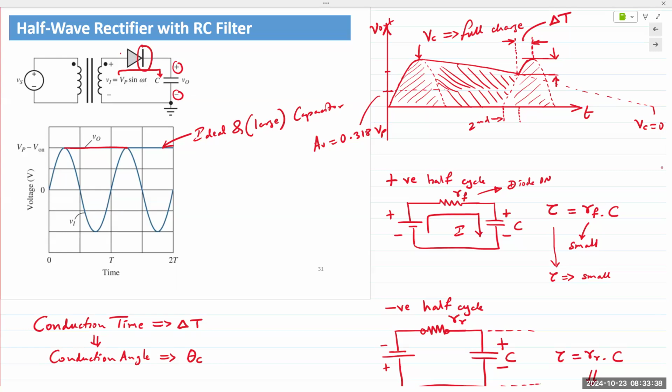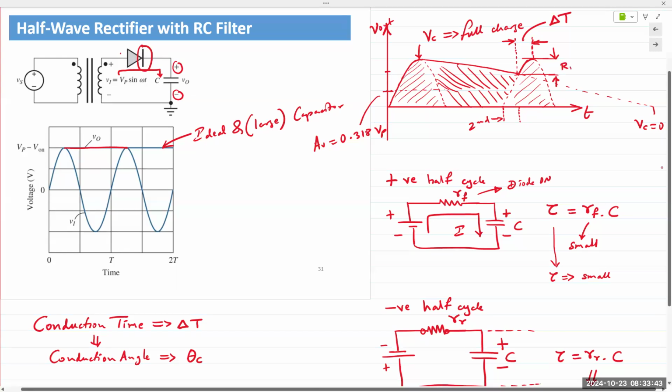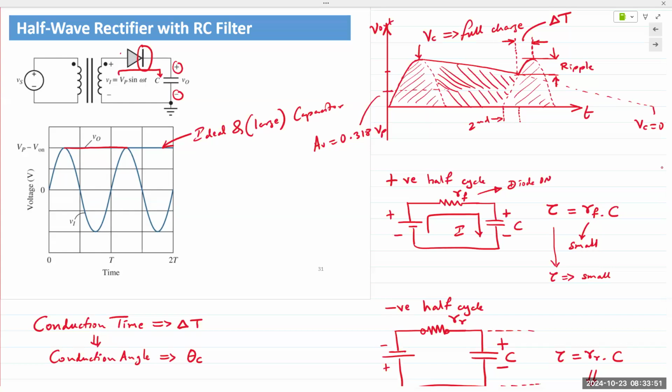So the last remaining vestige of this AC voltage looks like the surface of an ocean, right? If you look from very far off, it's almost flat, but it has ripples of waves. And that's what this looks like, hence the name ripple. And because it is representing the AC voltage, it is known as the AC ripple.